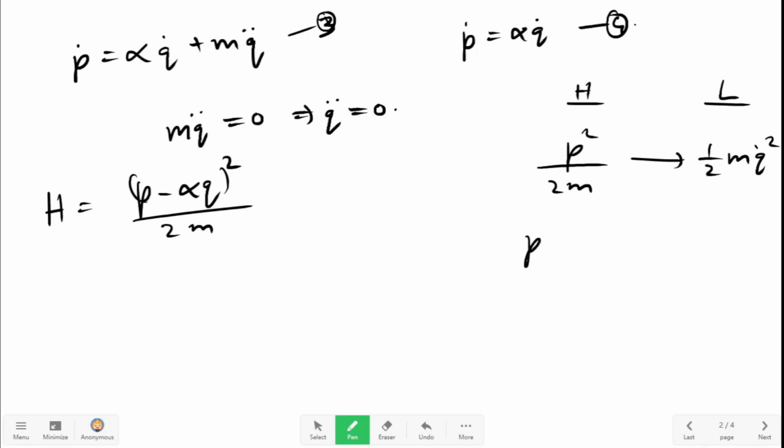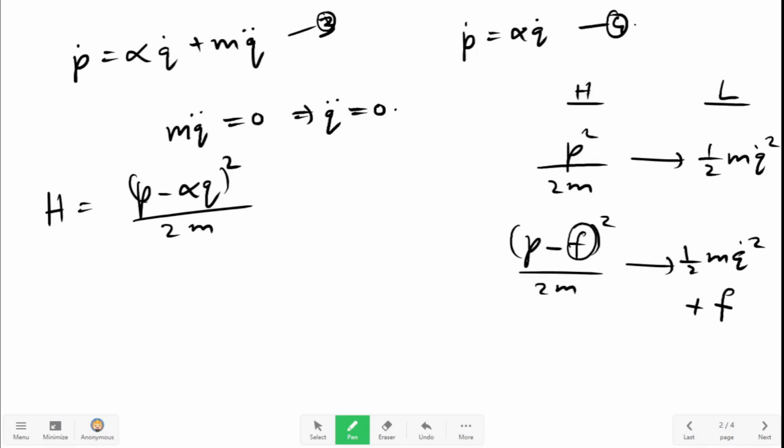And if something is subtracted from the momentum in the Hamiltonian, then along with 1 by 2 m q dot square, we will have another term to be added. You have to multiply the function that is subtracted from the momentum with q dot.